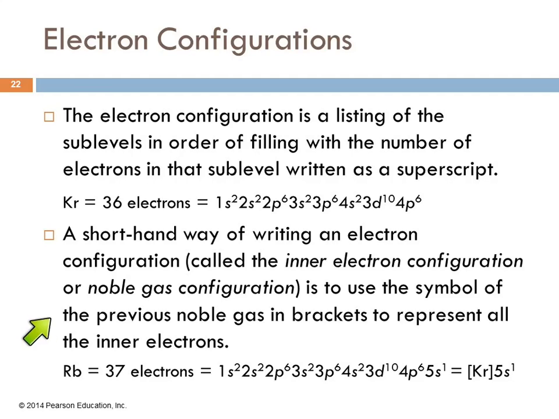And so what we do is we use the symbol of the previous noble gas in brackets to represent all of the inner electrons. So if we look at rubidium, where'd you go? Rubidium, he's in the 5th period, element number 37. 37 electrons. So this is his full electron configuration.